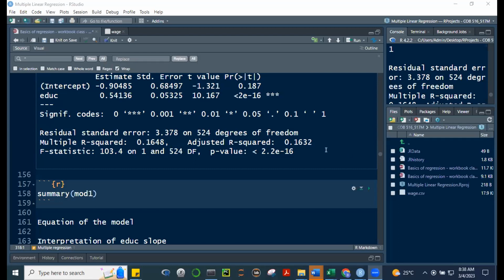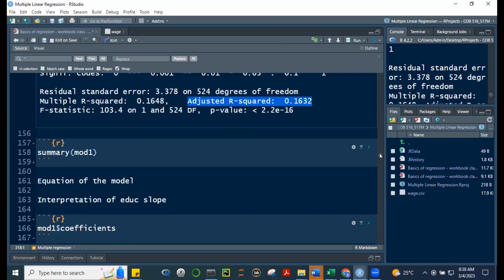As I was saying, yung first model natin, yung education lang yung regressor. Our adjusted R squared is only 16.32%, which means around 83 or 84% cannot be explained by education.